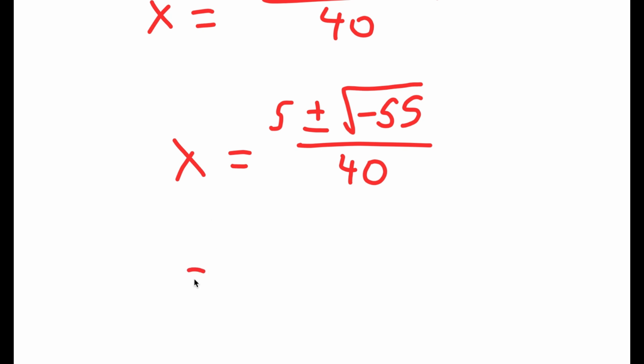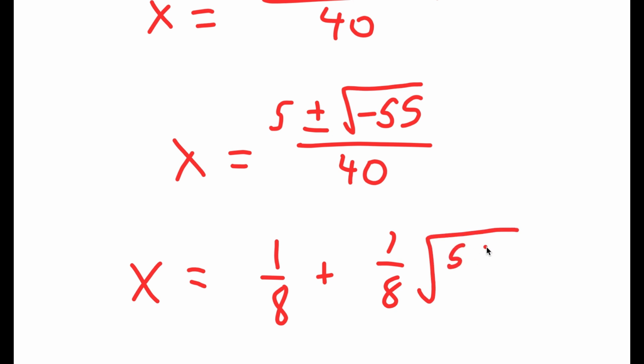which turns into 1 over 8 plus i over 8 times the square root of 55 over 25.